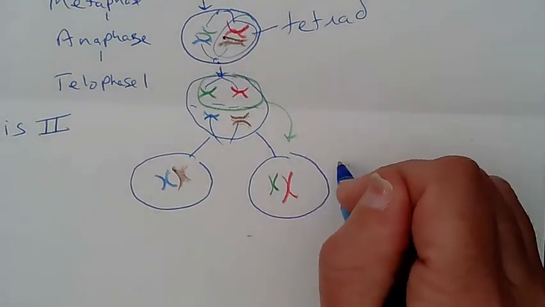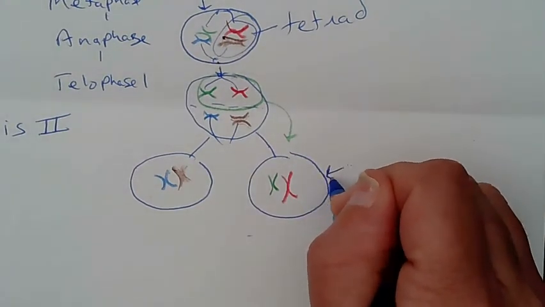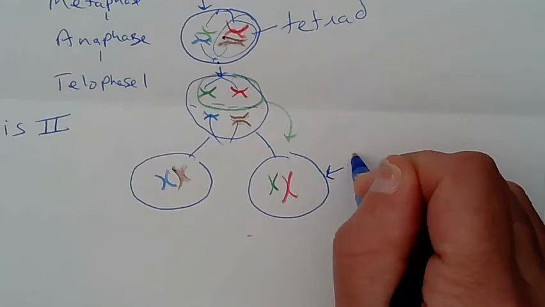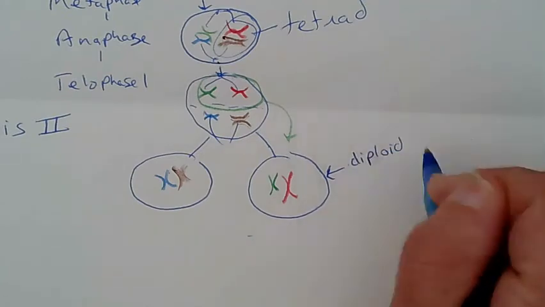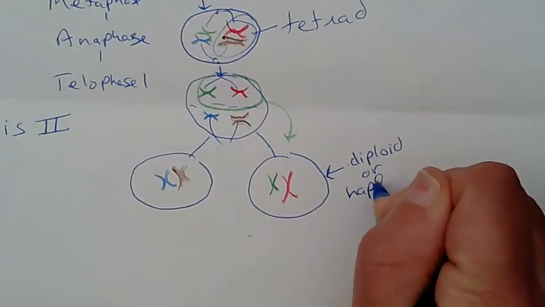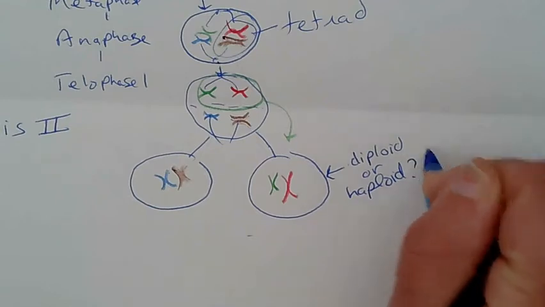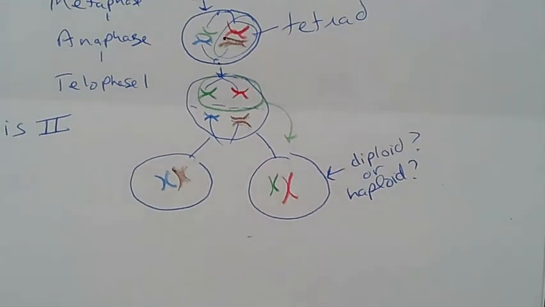The question is, is this considered diploid or haploid? What do you think? So the cells entering meiosis 2, diploid or haploid?